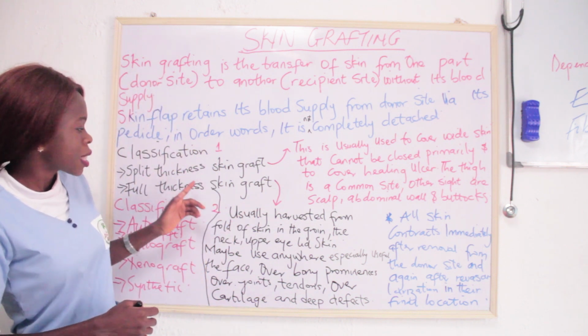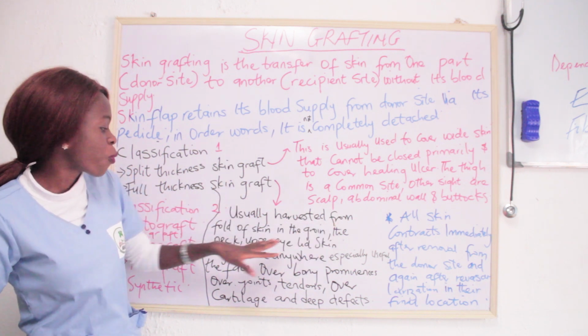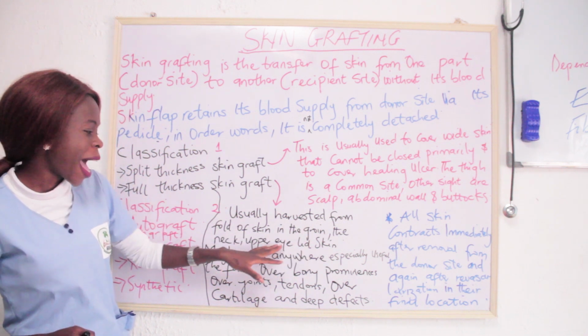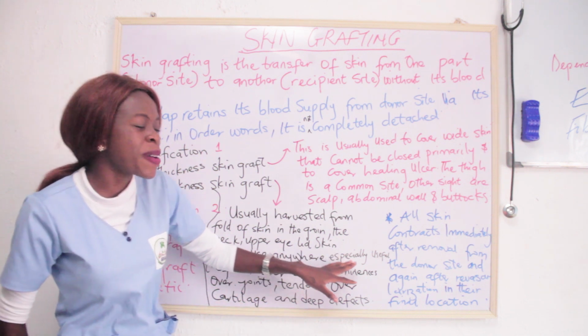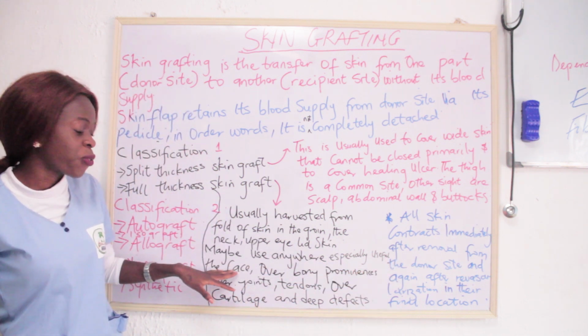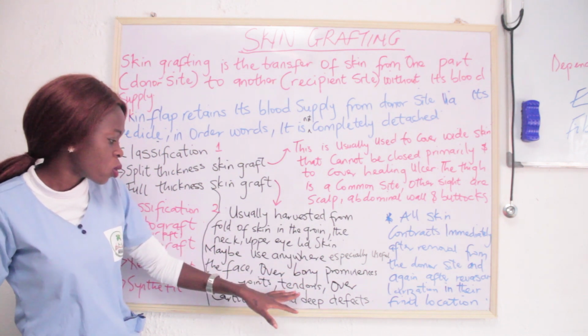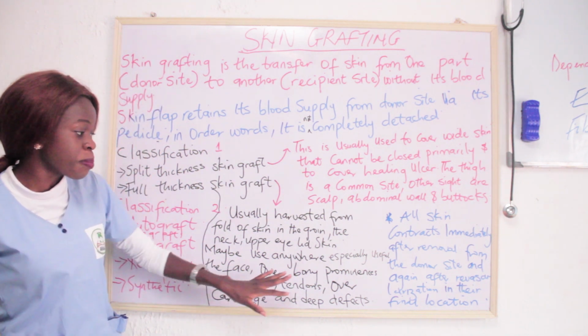So this full thickness skin graft is usually harvested from folds of skin in the groin, the neck, and upper eyelid skin. It may be used anywhere, especially useful over the face, bony prominences, over joints, tendons, over cartilages, and deep defects. You see where this one is majorly used.